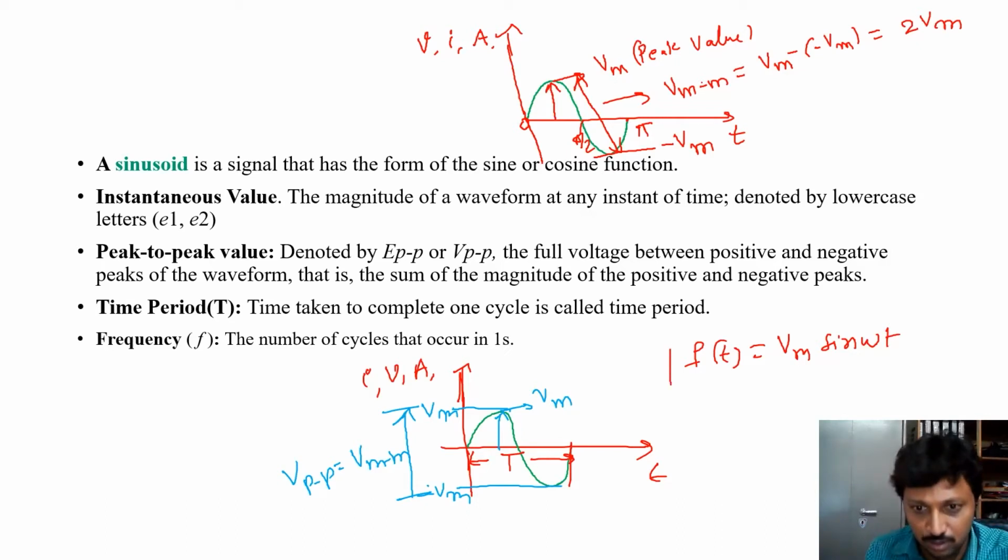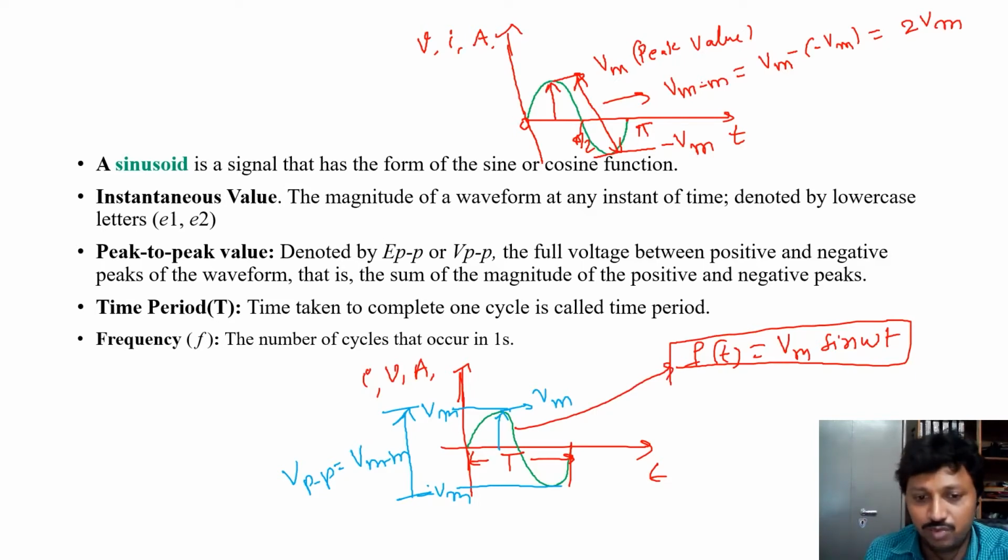We write this sine wave as a mathematical equation. F of t is a function of time; as time changes, the signal also changes. Vm is the peak value, omega is the angular frequency, and time is on the x-axis.